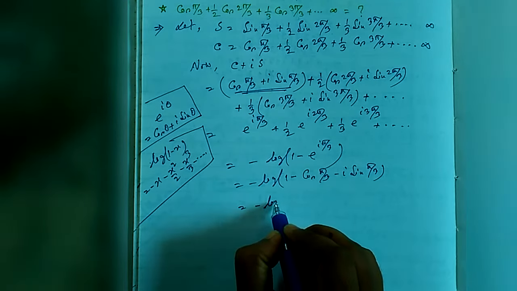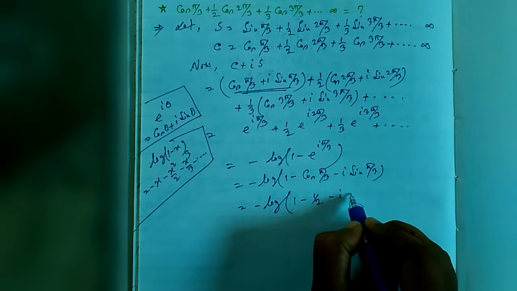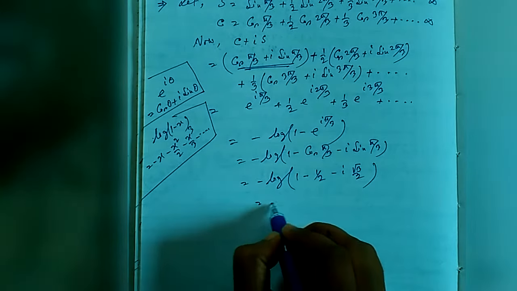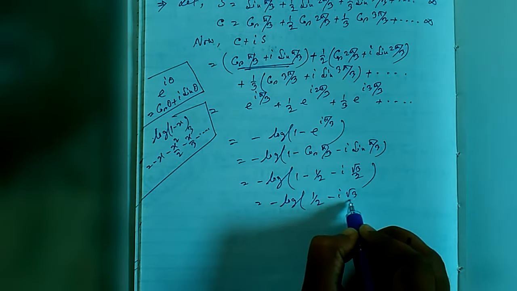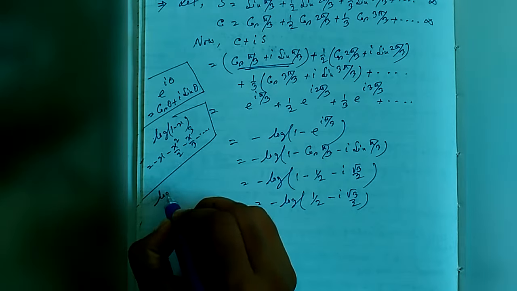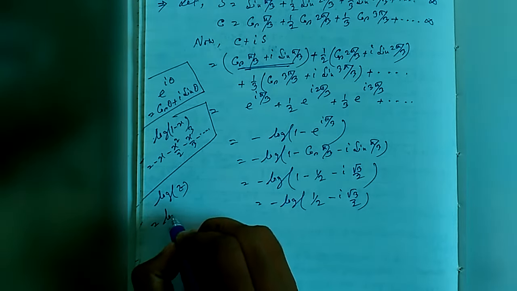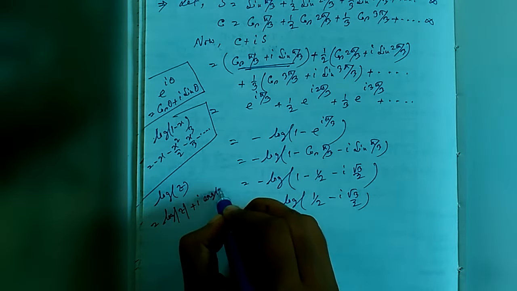This equal to log of 1 minus half minus i root 3 by 2. So this will be minus of half of minus root 3 by 2. We know log of a complex number z equal to log of mod z plus i of argument of z.